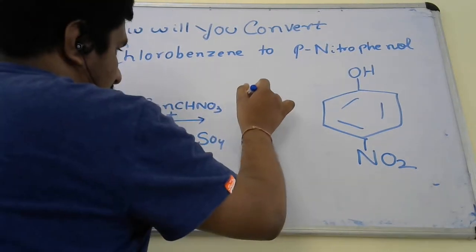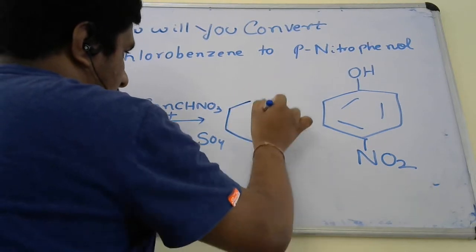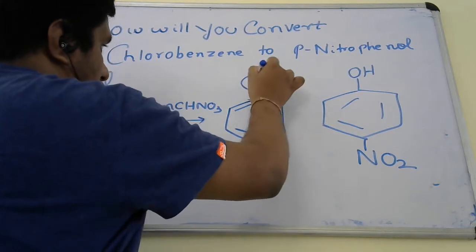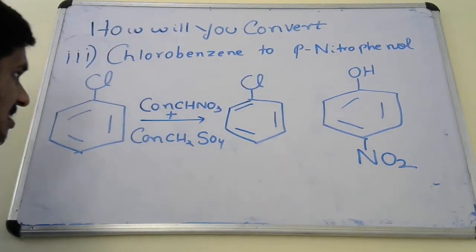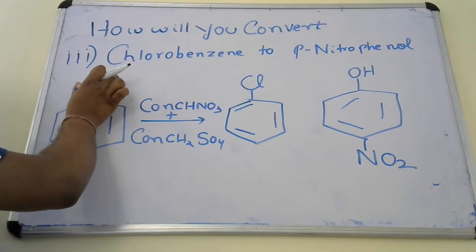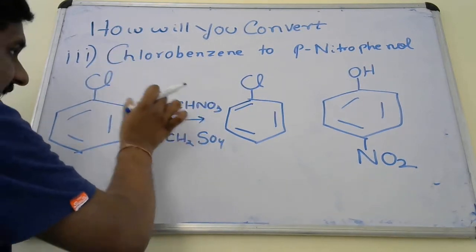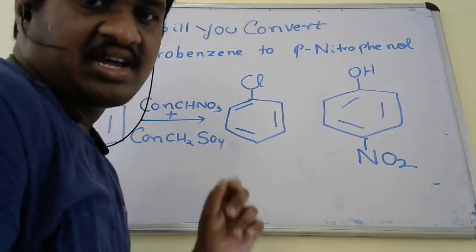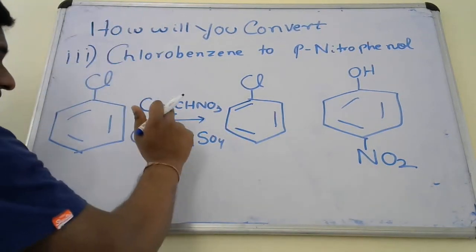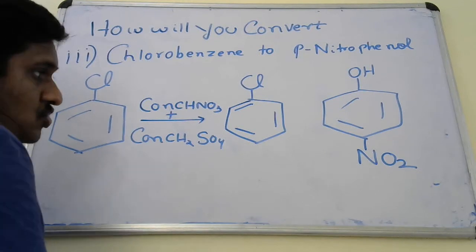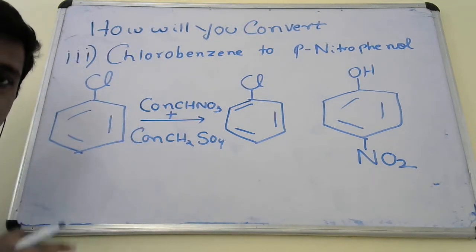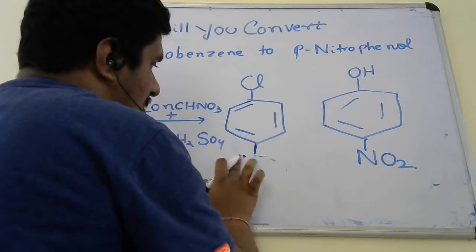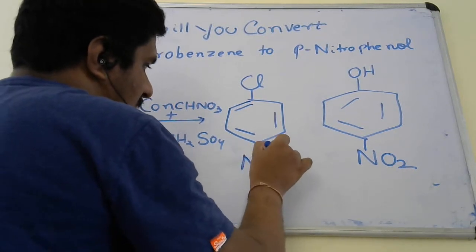This will introduce a nitro group in the benzene ring, but since halogen is already present, and halogen is an ortho-para directing group, it will direct the incoming nitro group to the ortho and para positions. But you know para is the major product.